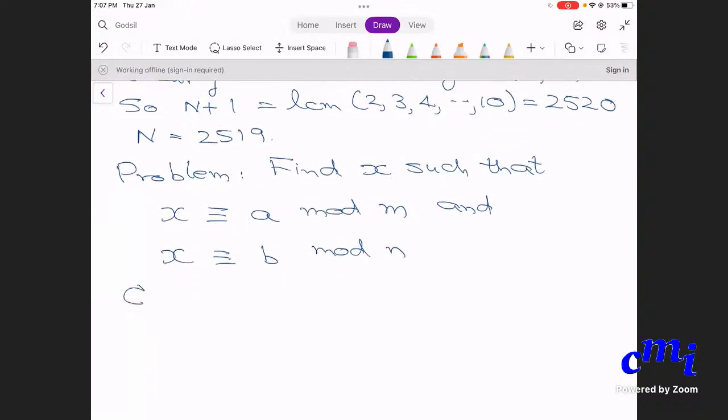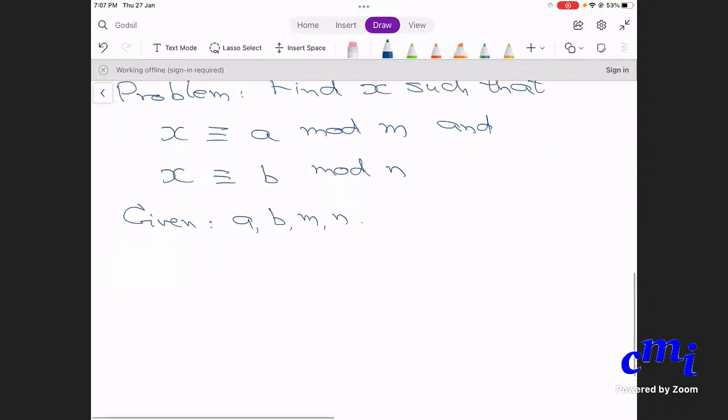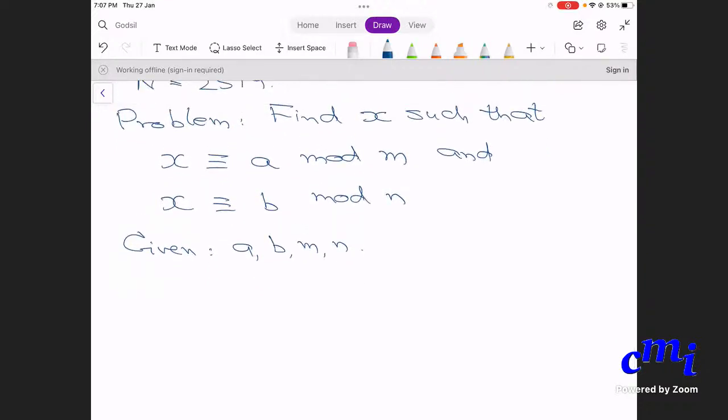Here we are given the integers a, b, m and n. You want to find the x which satisfies these conditions: whether such an x exists, and if it exists, what are all such x's? Questions of this kind.